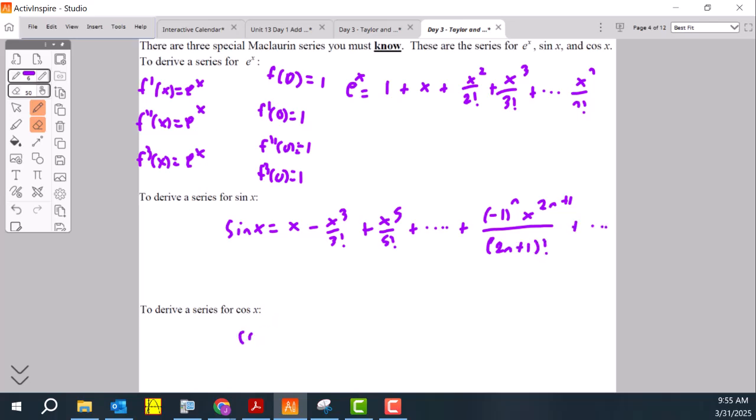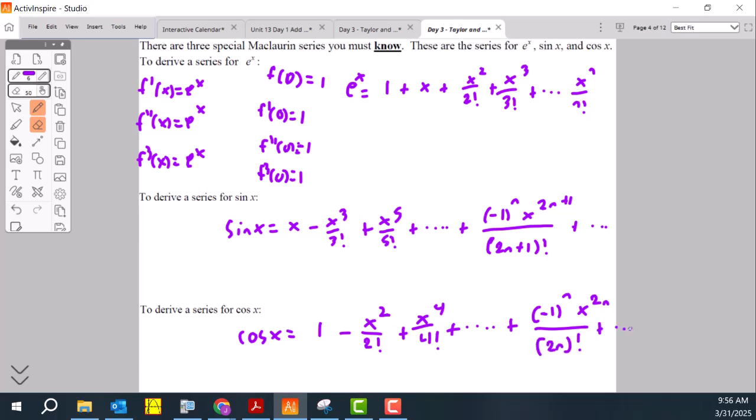For cosine, it's similar, except it uses the even degrees. That should be 1, and then minus x squared over 2 factorial, plus x to the 4th over 4 factorial, plus dot, dot, dot. Then negative 1 to the n, x to the 2n over 2n factorial.